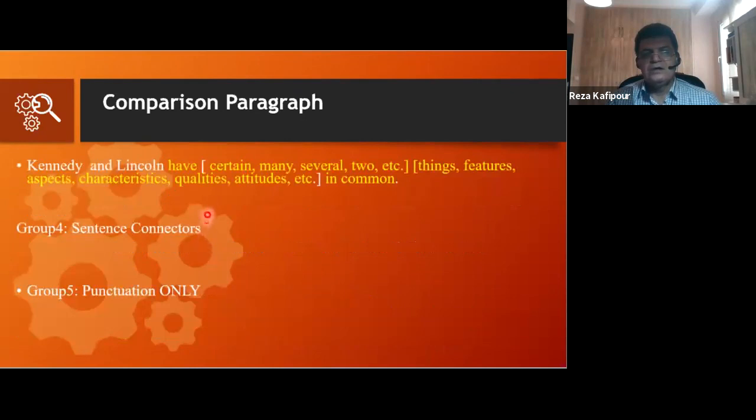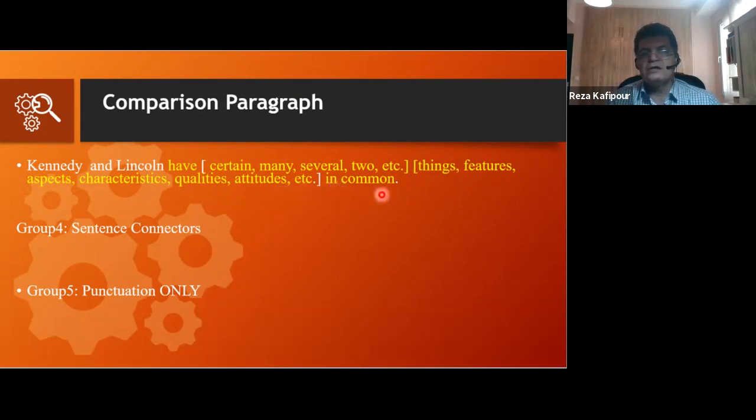So the other structure for predicate is writing this, using have, using any one of these words, such as certain, many, several, that show degree of comparison, then words such as things, features, aspects, characteristics, qualities, attitudes. It is based on your topic sentence, what you are going to compare between two persons or two things.